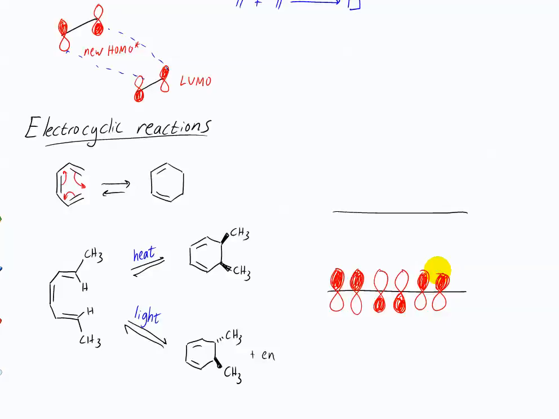Okay? So it's got 2 electrons. And then the LUMO, or the next one up, has 1 more node, so we can draw that one also.